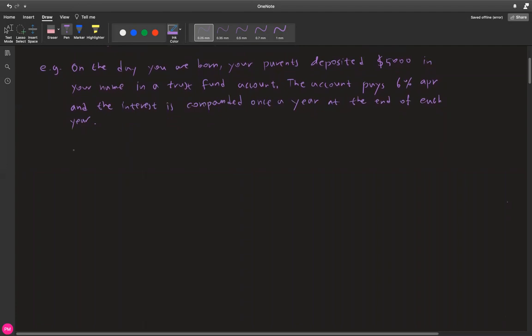So on the day you're born, the account has $5,000 in it, and that's at least given in the problem. And we also know that the APR is 6%, so we know the R equals to 0.06 because it has to be in decimal.